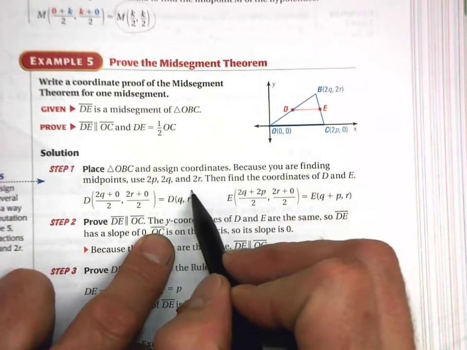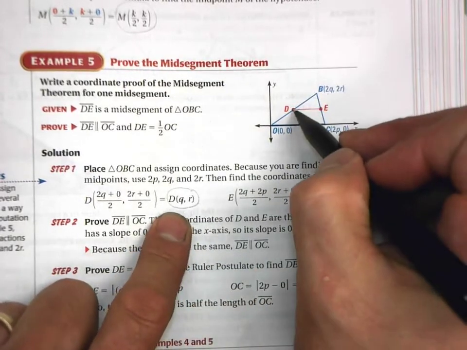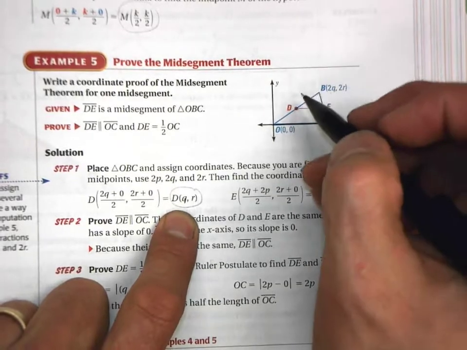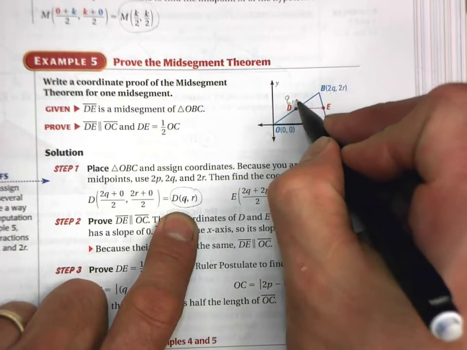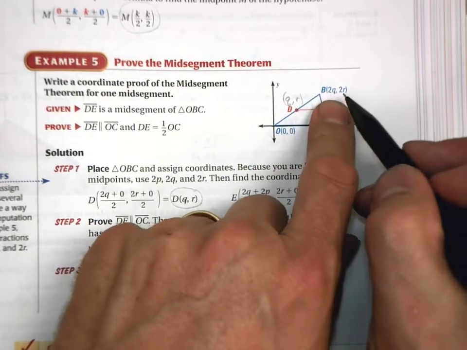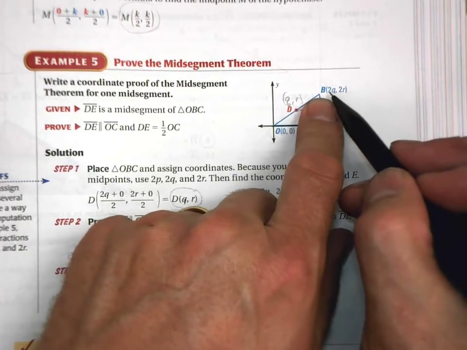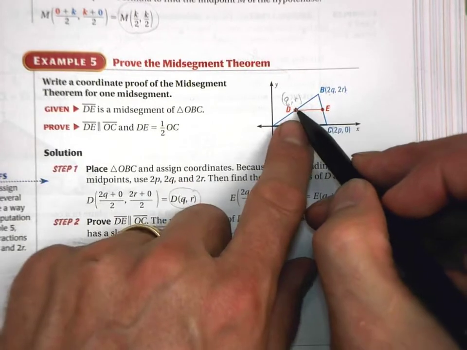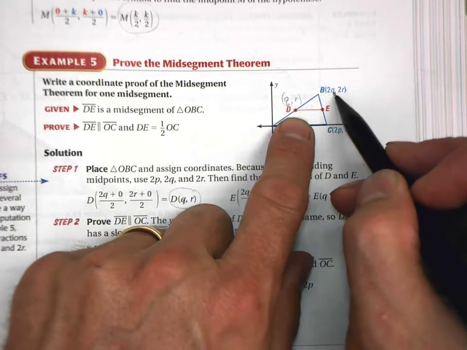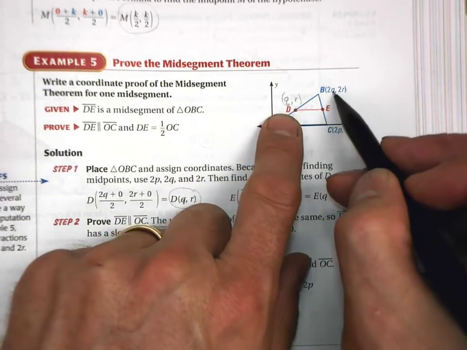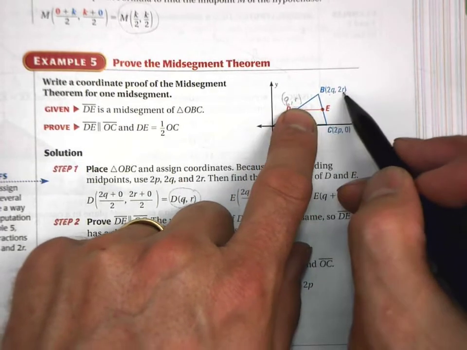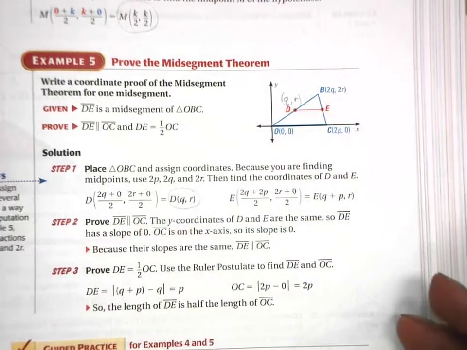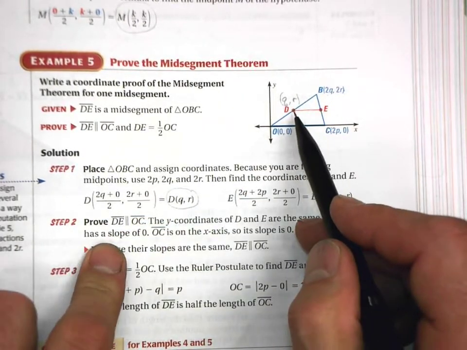So that's pretty cool, isn't it? The coordinates of the midpoint D are q, comma, r. So when we start out with B being at 2q, comma, 2r, and we find the midpoint, it's rather simple. We just find half of the 2q, which is q, and half of the 2r, which is r. So it unfolds rather nice and simple.